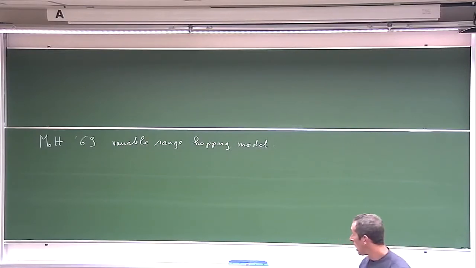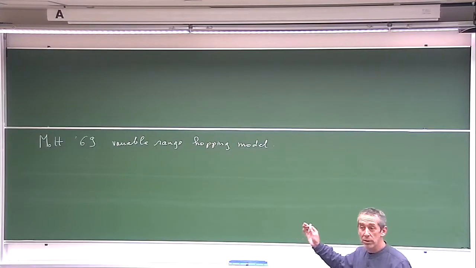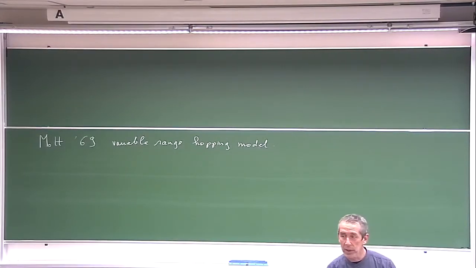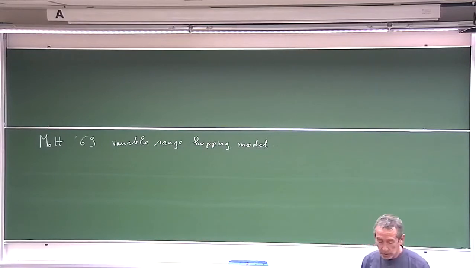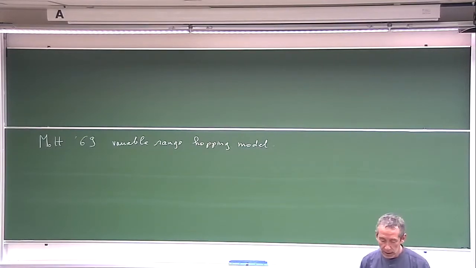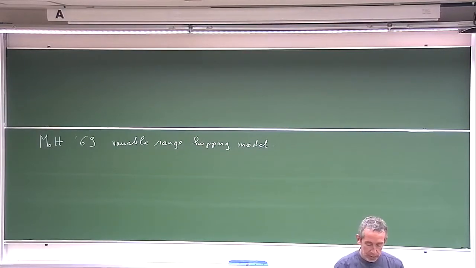Okay, so I'm not going to go deeply into the physics of this model because I would be unable to do that. So what I want is just to stress a couple of features of Mott's model that will be some kind of motivation for the point of view that I want to use for diffusions in a random environment.